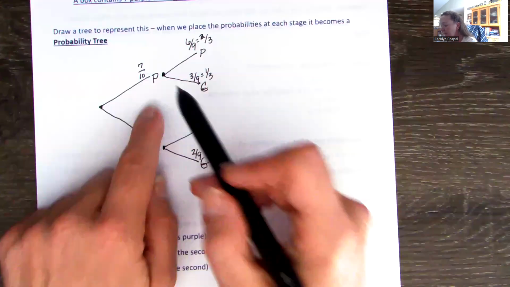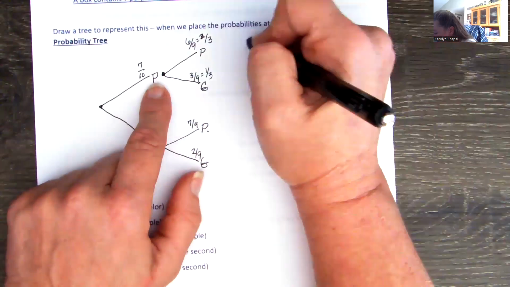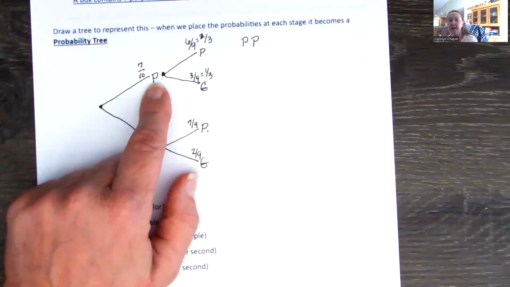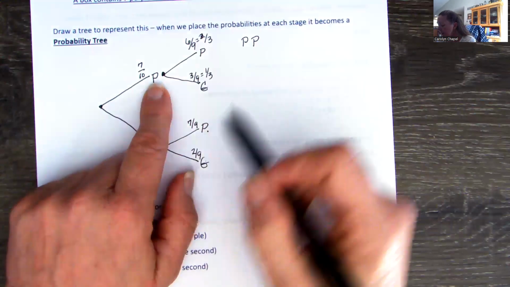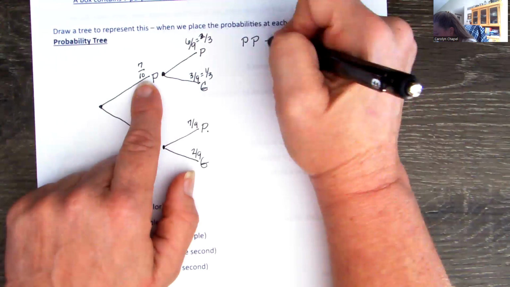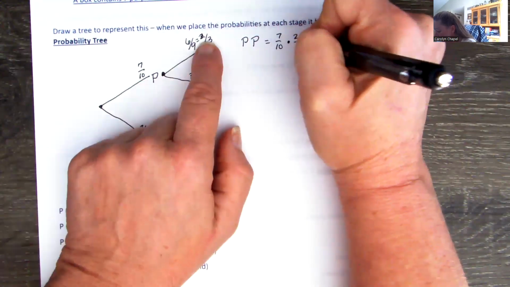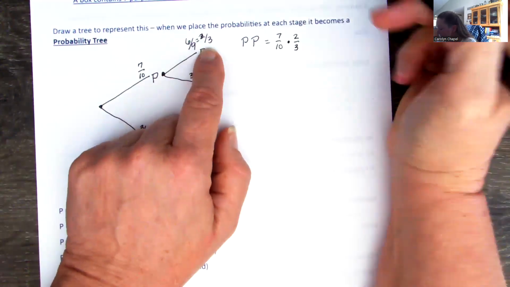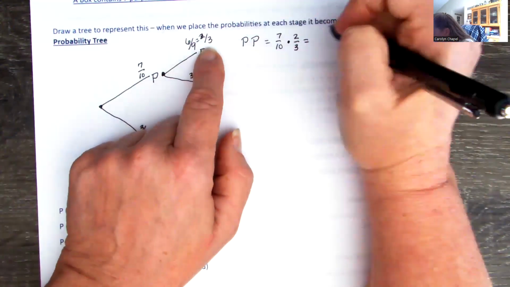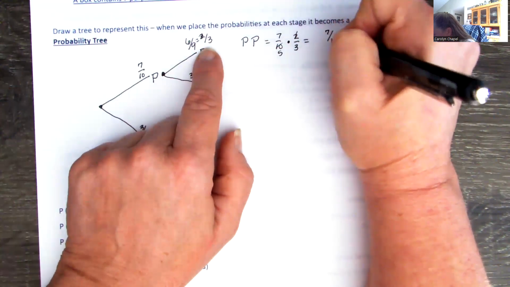Okay. Now the thing that you'll see is when you go across here, you're going to get that purple combination. The probability of getting a purple is that purple on the first multiplied by the purple on the second, which is that 2/3, which I can do a little bit of reducing here. I get 7 out of 15.